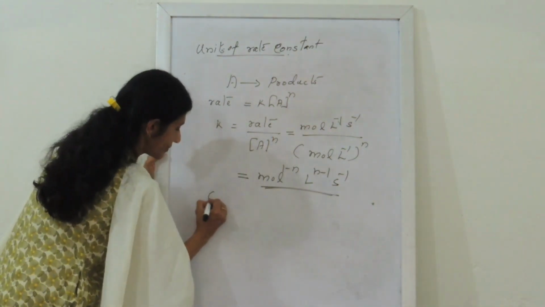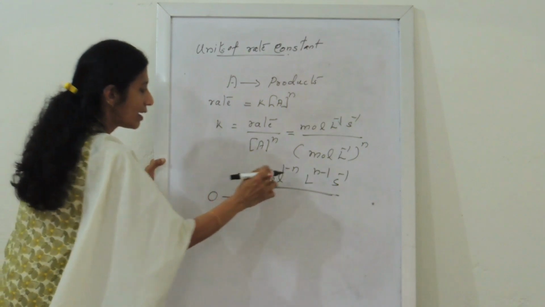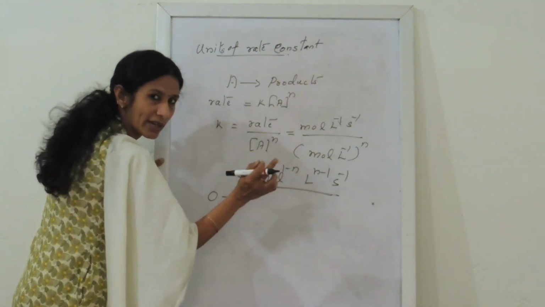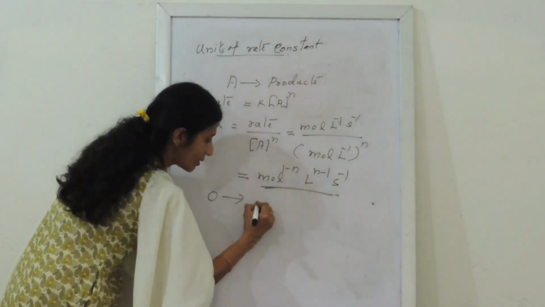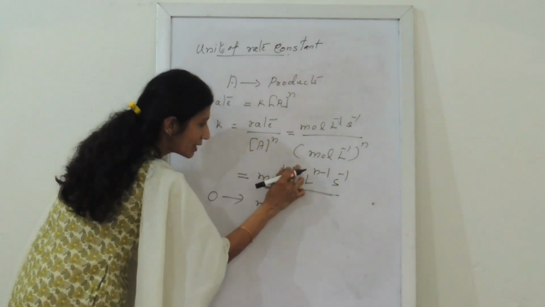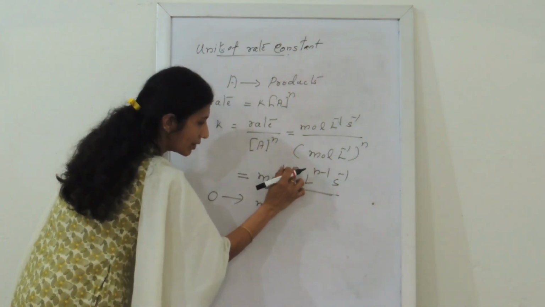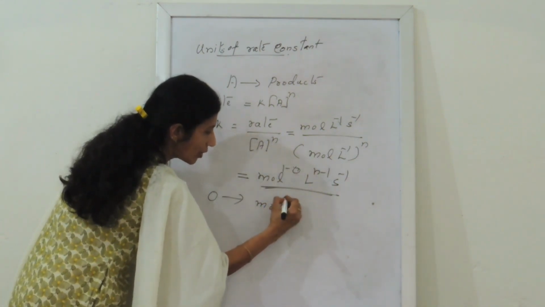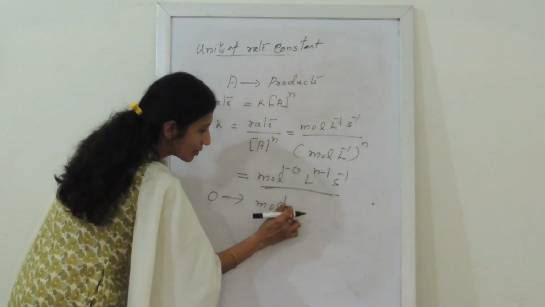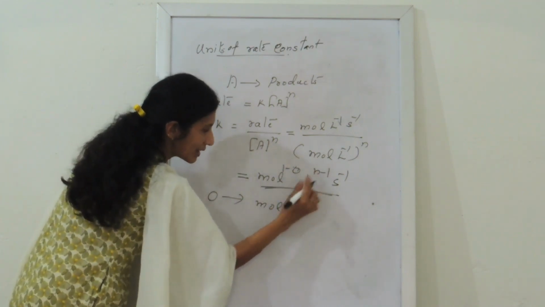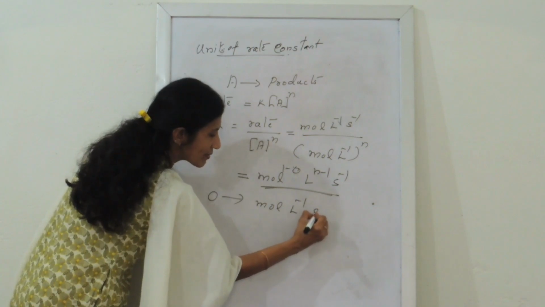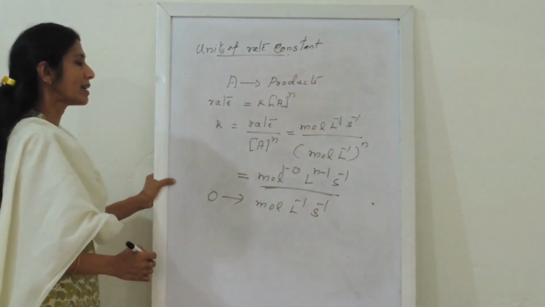Zero order. Zero order ആണെങ്കിൽ ആലോചിച്ചേ, n എന്നതിന് പകരം 0 എന്ന് കൊടുക്കുക. അപ്പൊ എങ്ങനെ വരും? മോൾ and here it is 0. അപ്പോൾ 0 ആകുമ്പോൾ മോൾ raised to 1 mole. Then here liter raised to minus 1, second raised to minus 1.